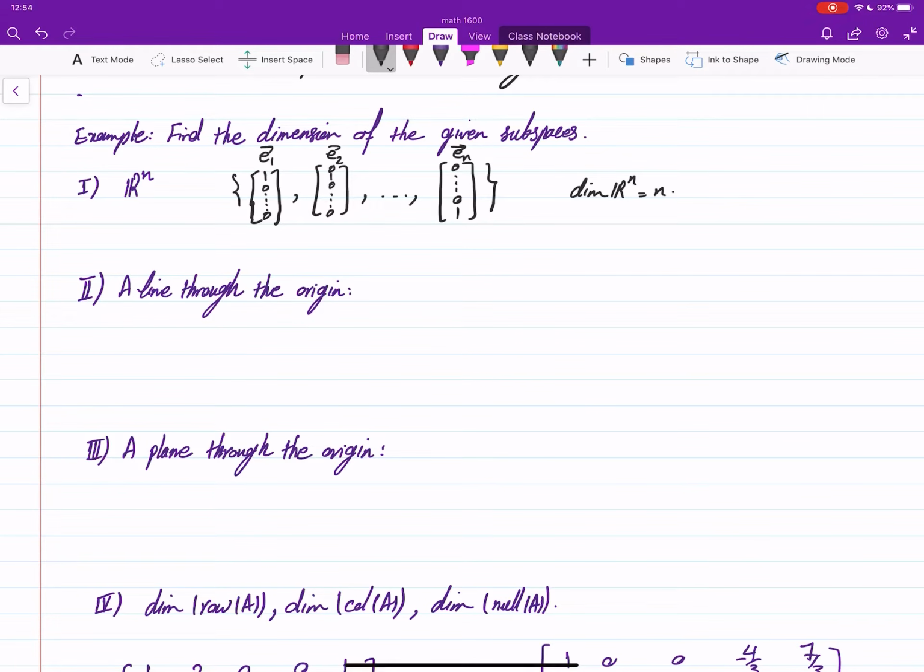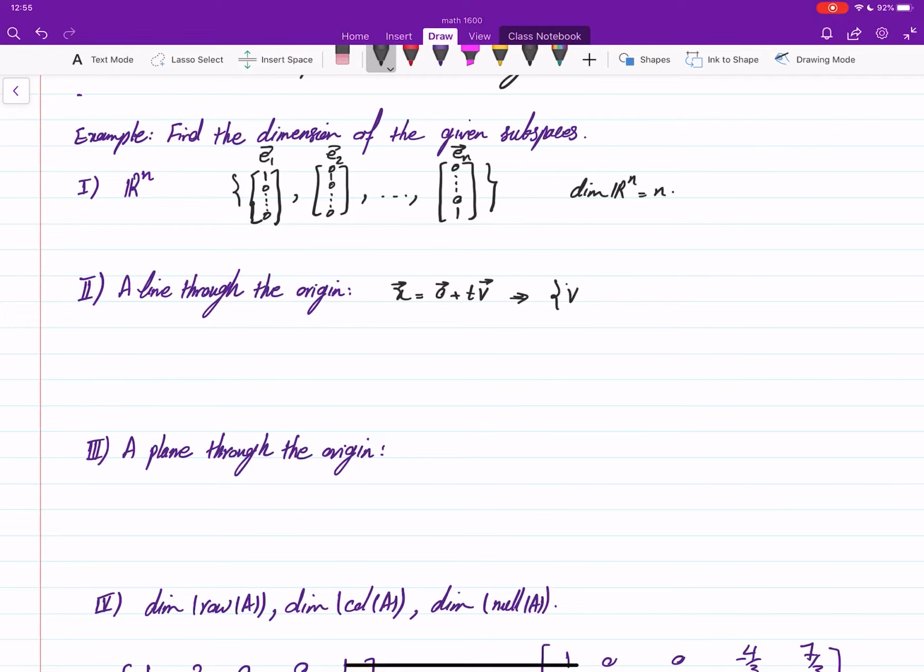Or, we know that every line passing through the origin is a subspace. What is the dimension of that? Such a line can be described by a vector form equation like this, with a direction vector which is non-zero.